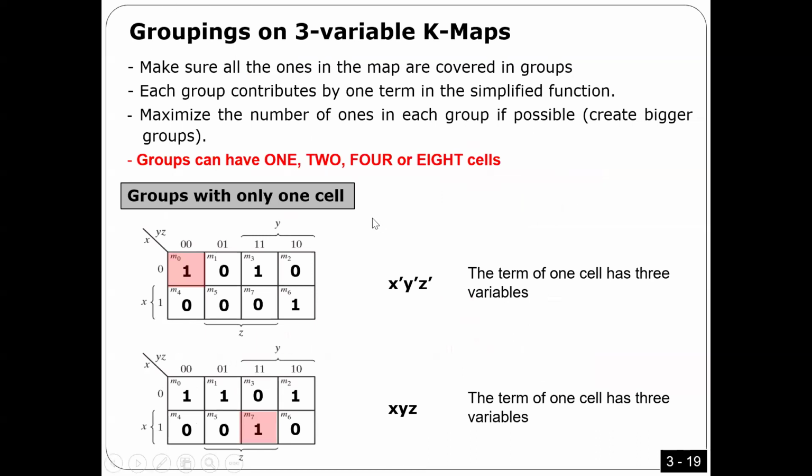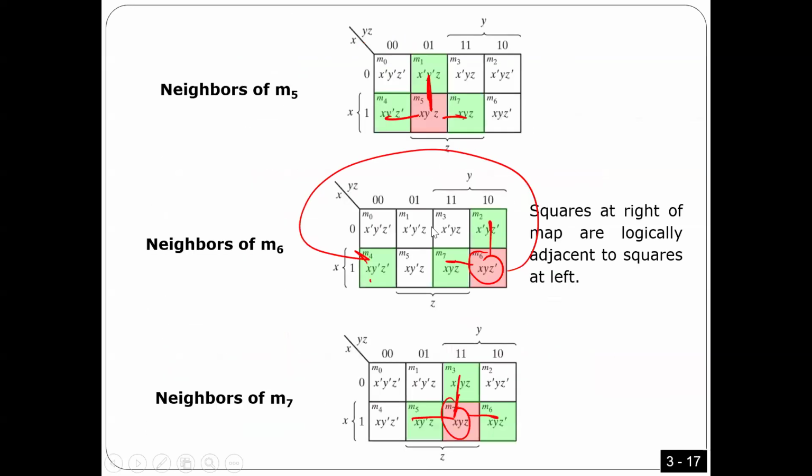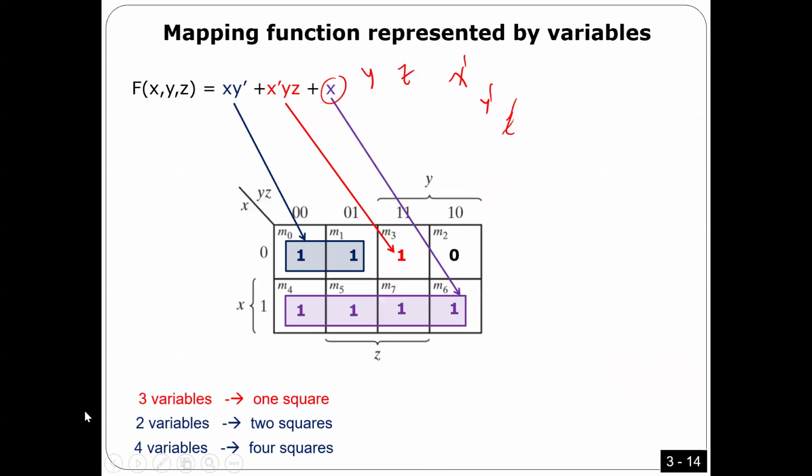The main point here, guys, is I'm going to go back to the very important example I have here. As I explained, in case of two variables, the way we do simplification is you try to make groups. The condition is you have to cover all ones. You must cover all ones.